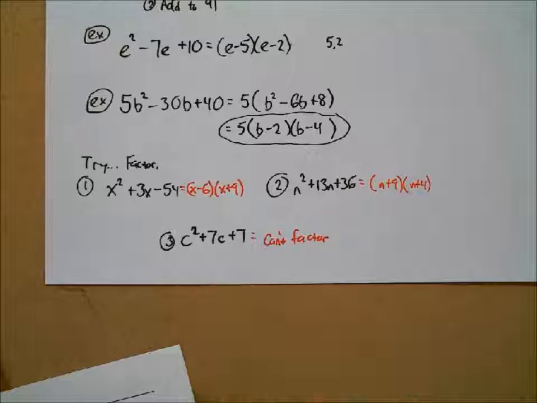But for something that doesn't factor, you don't just give up on it. We learned something called the quadratic formula, and we can use that to help us determine solutions sometimes. They may not be nice integer numbers, right? Sometimes they're irrational numbers. Sometimes they're imaginary too, though. But anyway, don't have to worry about that right now. That's beyond what we need to worry about.